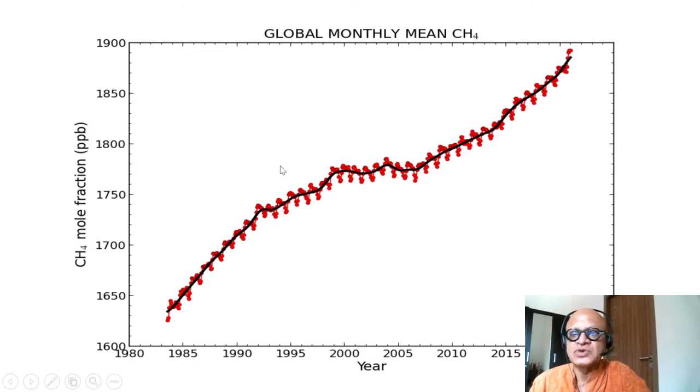Unlike CO2, which is a well-mixed gas, where you can measure it at Mauna Loa and get the estimate for the whole hemisphere, measure it at the southern pole, and a couple of sites in each hemisphere will give you a good sense of the global distribution, methane reacts much more, and it has a shorter lifetime, and it has sources and sinks that are much less tractable, or they are much more local, like landfills and wetlands and so on.